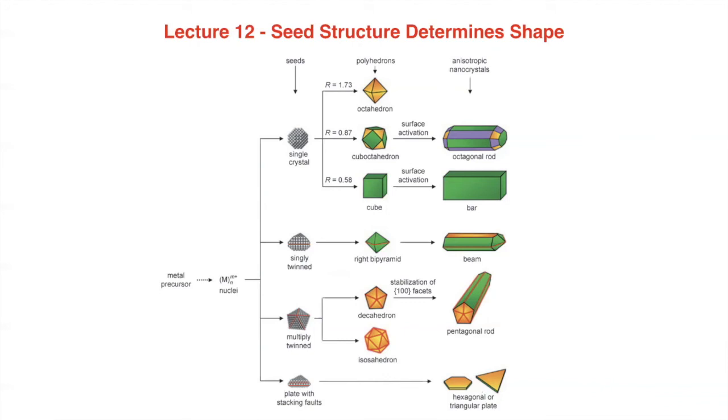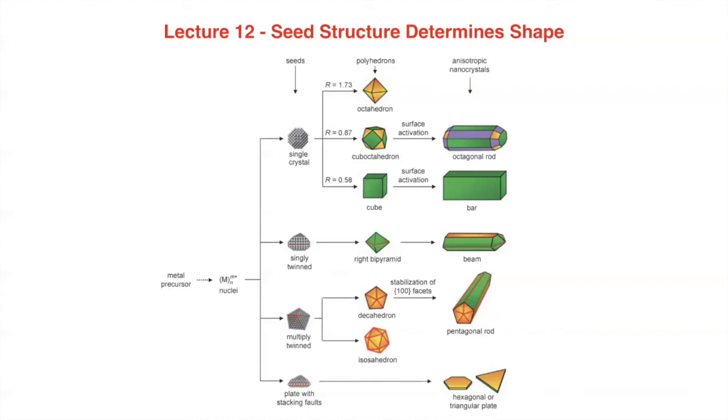And so one mechanism of shape control here in this material system is to form a seed that has a predisposition to make a particular shape, often dictated by some kind of internal defect or twin arrangement where two crystals are stuck to each other, and that leads to this anisotropic growth. But that's not the only mechanism of shape control.